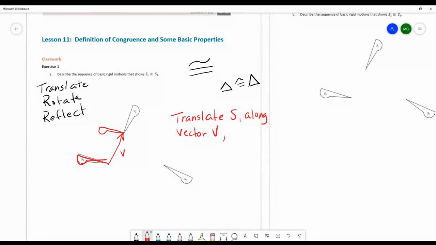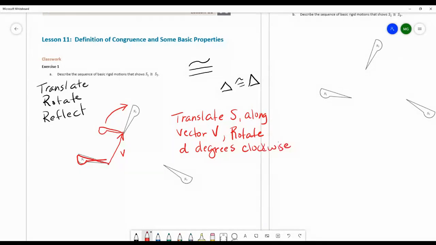And so now what can I do? Sure, I can rotate it, right? Rotate D degrees. Which direction? I need it to go this way, which is clockwise.